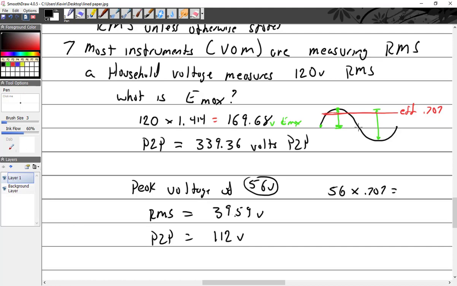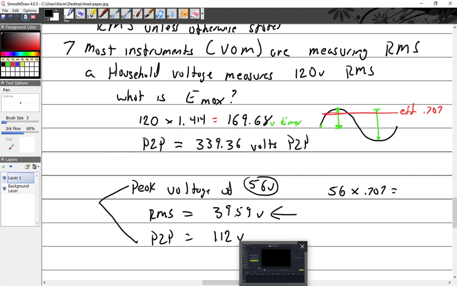This one is a whole other question. RMS is 0.707 times the peak. Peak to peak is 2 times the peak. Got it? If I would have asked it differently, you might have got it.